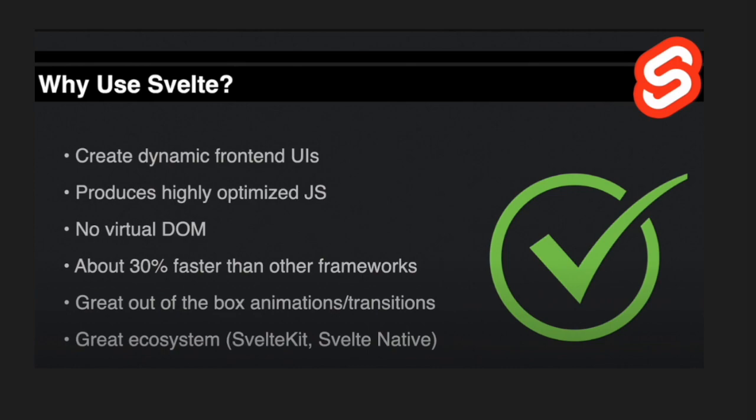We will go over these later in this video. It does have a great ecosystem, and you have SvelteKit, which is basically like Next.js for Svelte and allows you to create server-side rendering, which I would suggest doing once you learn the basics. Like I said, it's just like Next.js if you know React.